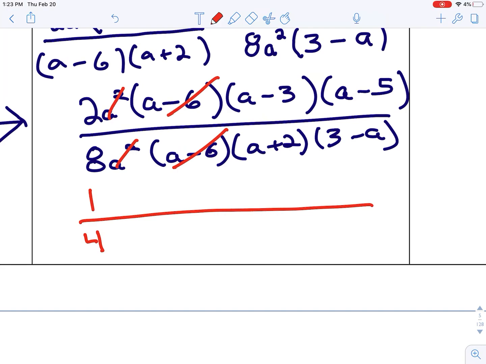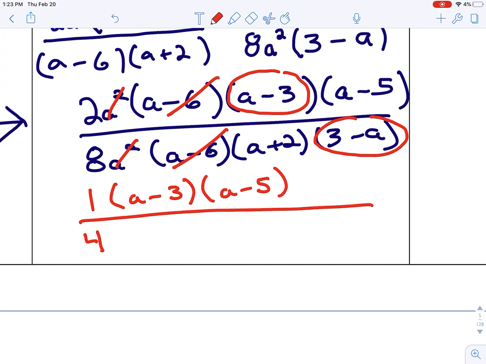And I can tell I have this thing going on again here where I have this and this. So remember, this is going to be a minus 3. Let's take this real slow. A minus 5. And then on the bottom I have a plus 2. And then I'm going to factor out a negative 1 and make this a minus 3. This is my factoring out of the negative 1.